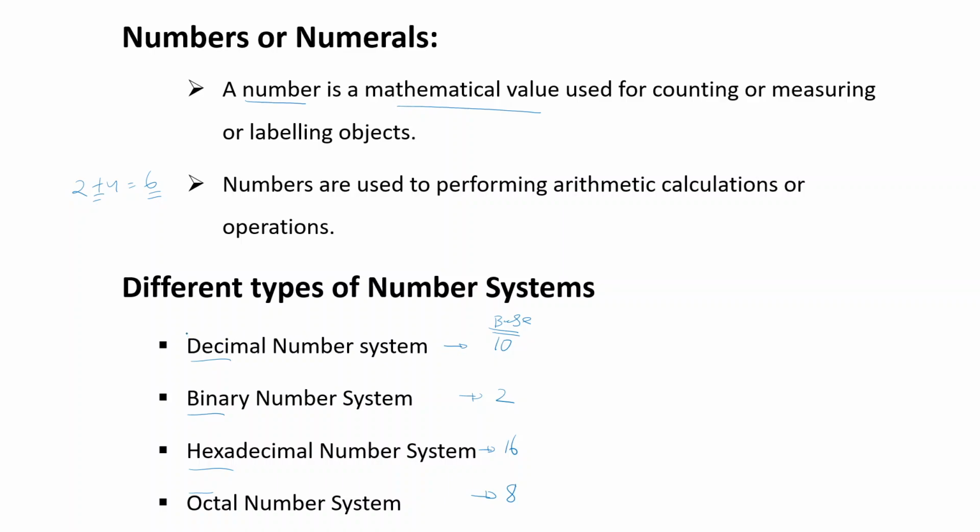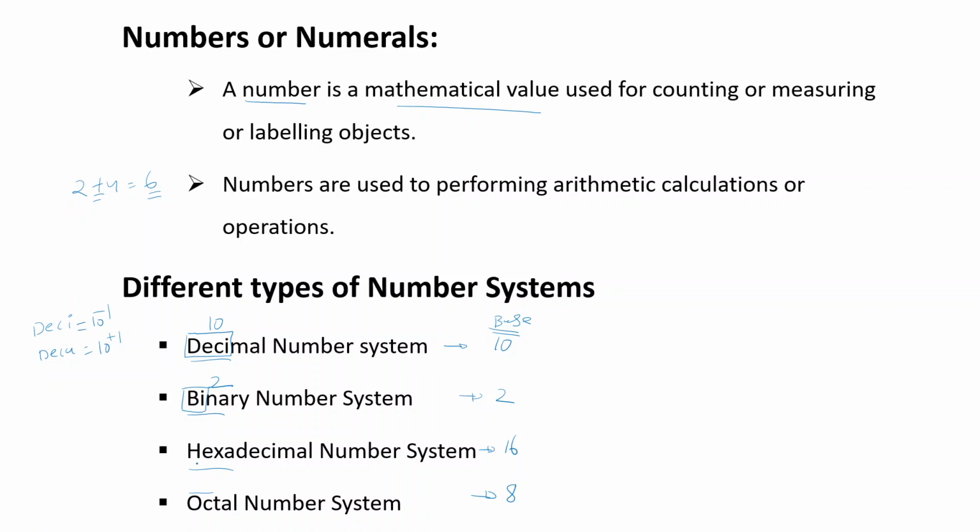Deci simply means 10. If you see deca and deci, deci means 10 to the power of minus 1, and deca means 10 to the power of plus 1. Now coming to binary, bi indicates 2. There is a binary system and there is bilingual, which means 2 languages. Bi-weekly means twice a week.